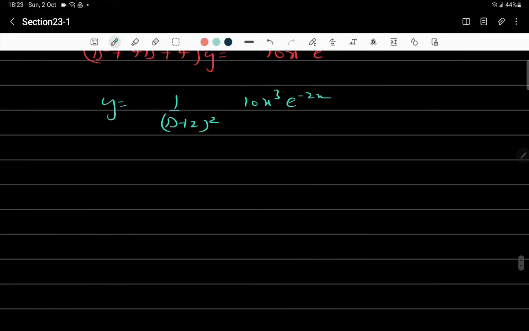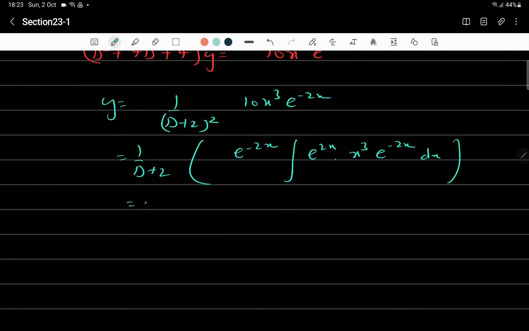So now r is minus 2. So I will take it to 1 by D plus 2, and the other D plus 2 would go inside. So that becomes e raised to the power minus 2x integration e raised to the power 2x x cube e raised to the power minus 2x dx. So this becomes 1 by D plus 2 e raised to the power minus 2x, and 2x would cancel out.